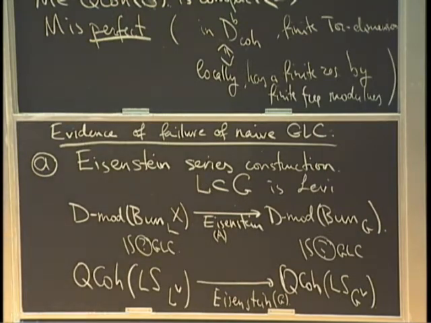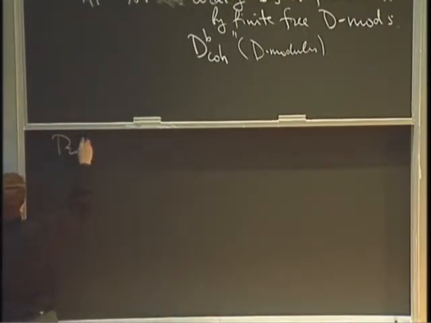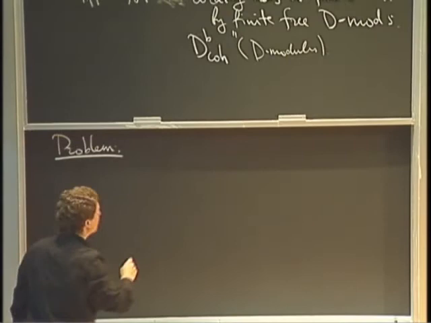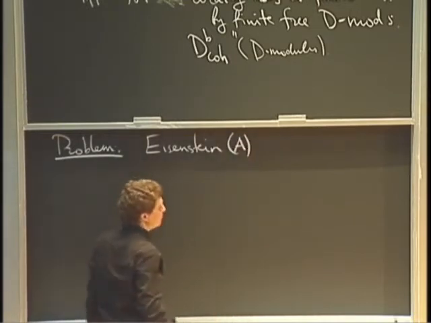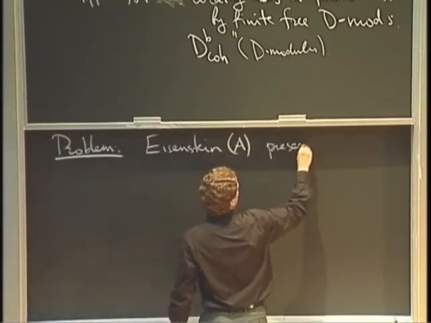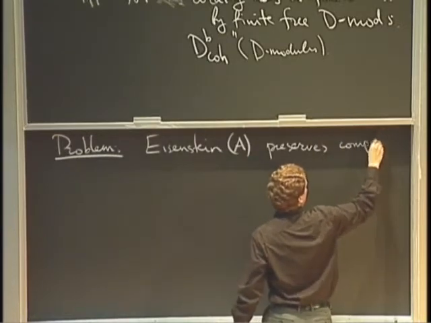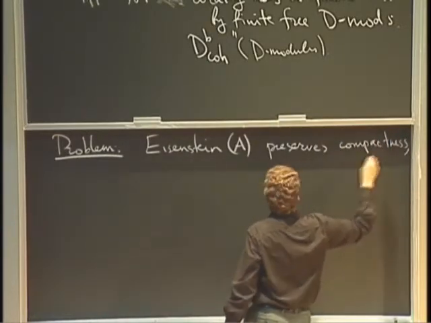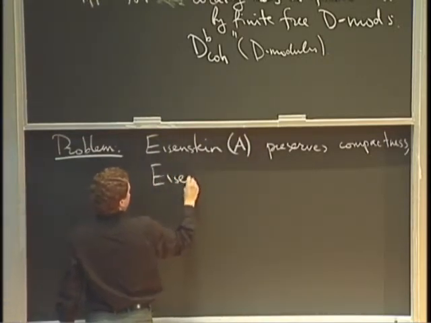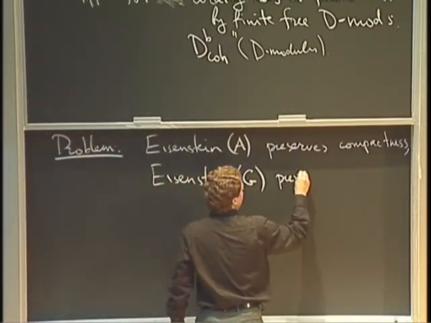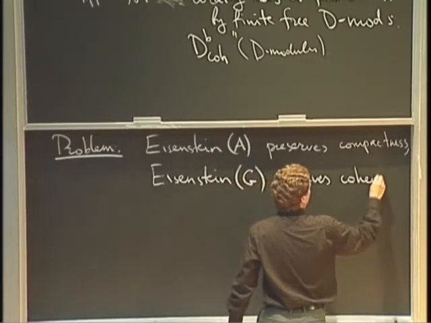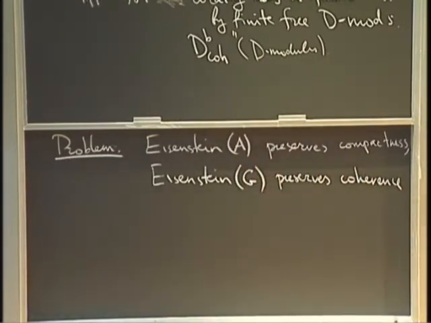And so to summarize, the problem is that Eisenstein A preserves compactness, while Eisenstein G preserves coherence but does not keep finite Tor dimension.